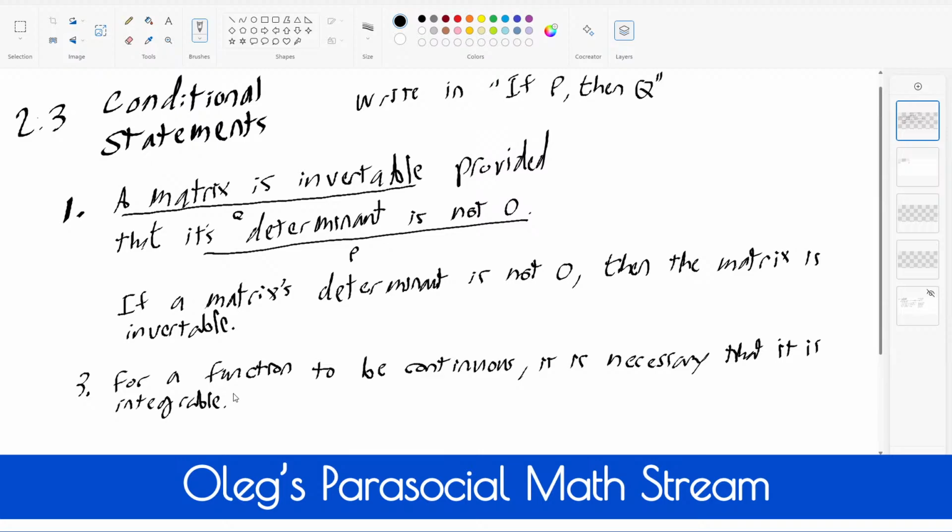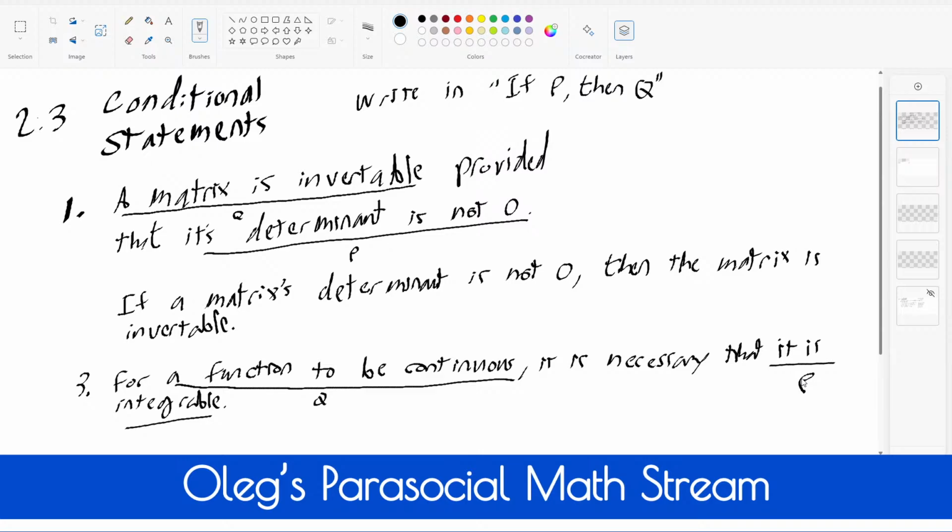So we have a condition, a result, a function to be continuous. Well, and then that's Q. So this is Q. It is, this is P. Okay. The fact that it is integratable, it means it's continuous.